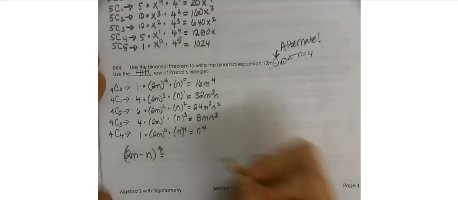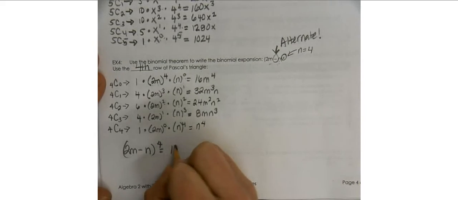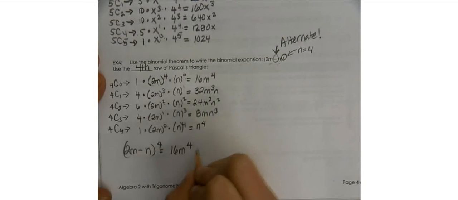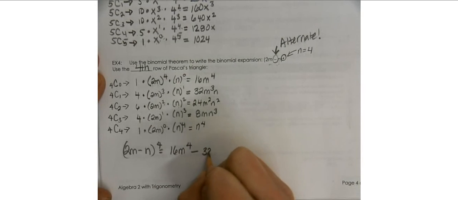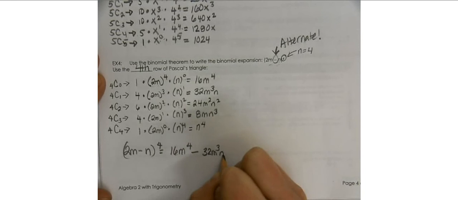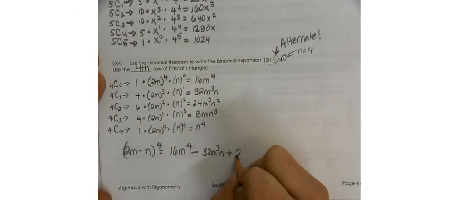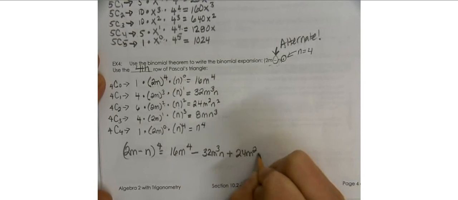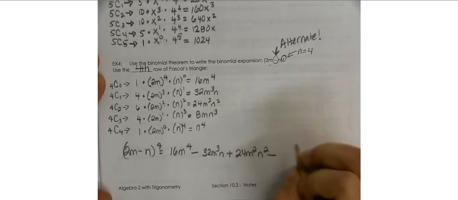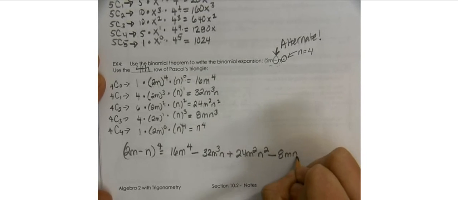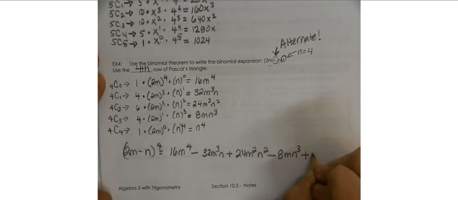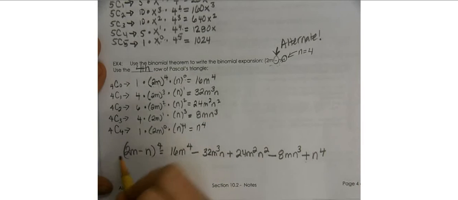That is equal to my first term, which is 16m to the 4th power, minus 32m to the 3rd n, plus 24m squared n squared, minus 8m n to the 3rd, plus n to the 4th. So I'm alternating my signs. It's okay if your last term is a positive. Like I said, we're alternating signs, and sometimes that does happen. So this is your answer.